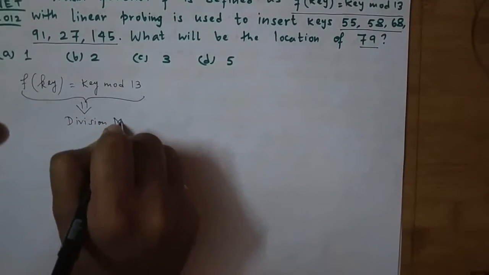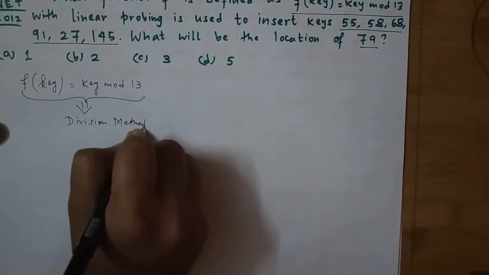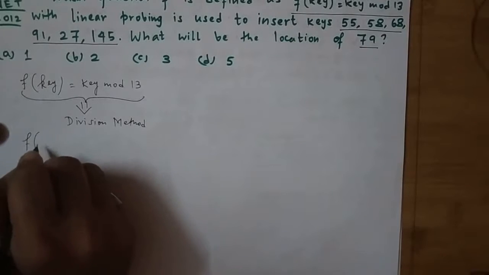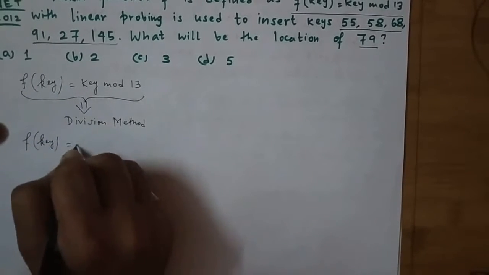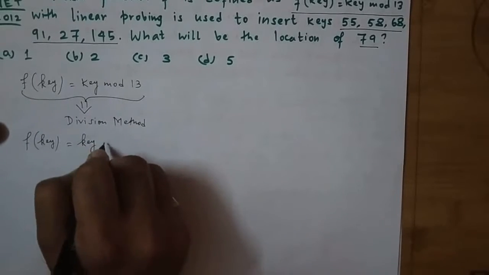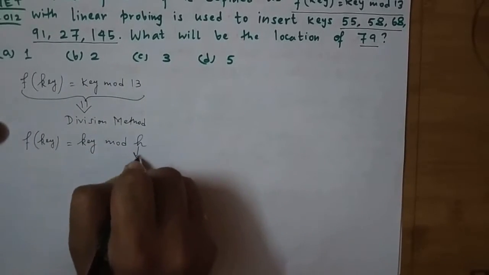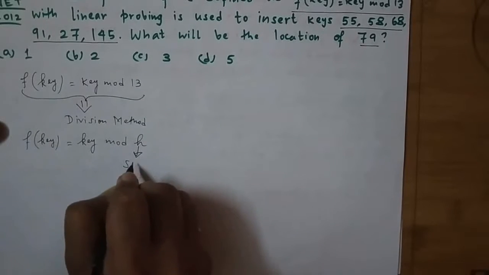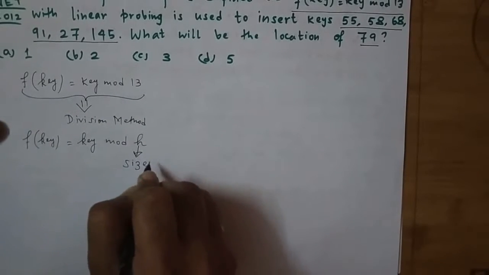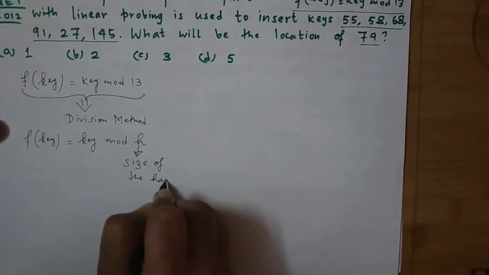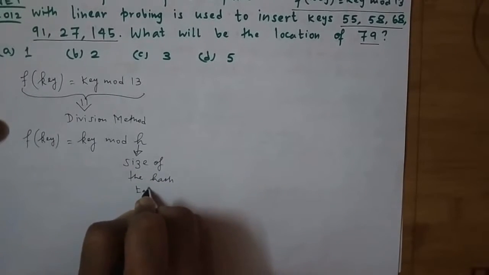In the division method, f of key is equal to key mod h, where h is the size of the hash table.